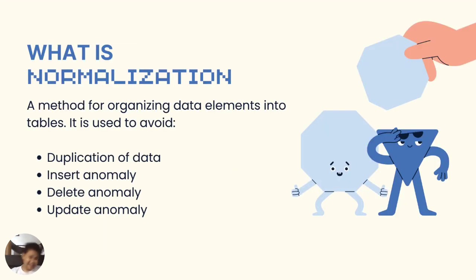So, what is normalization? Normalization is a method or a technique that we use in database management so that we could avoid anomalies. You could avoid duplication of data, insertion anomalies, deletion anomalies.